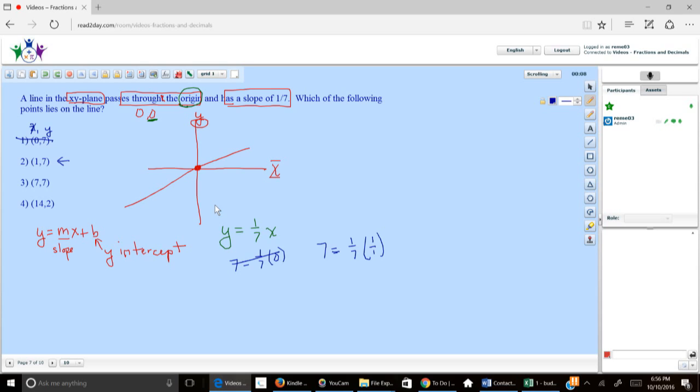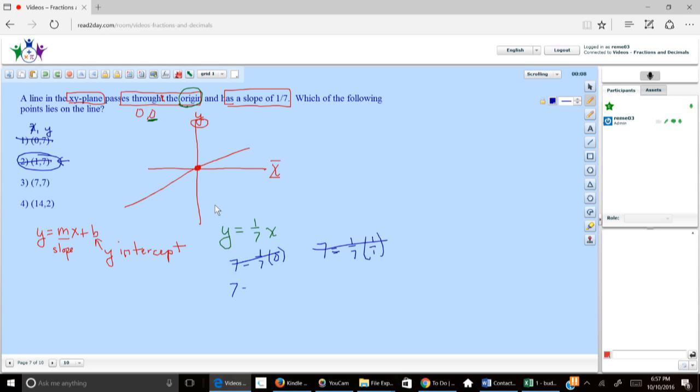It's just a tricky name. Just like some people call me Miss Christine, other people call me Chrissy, and some people call me Mom. So it's just a different name. But if we do this, 1/7 times 1 is not 7. So that's invalid. Now, if you flipped these around, it would work. So don't be fooled by that.